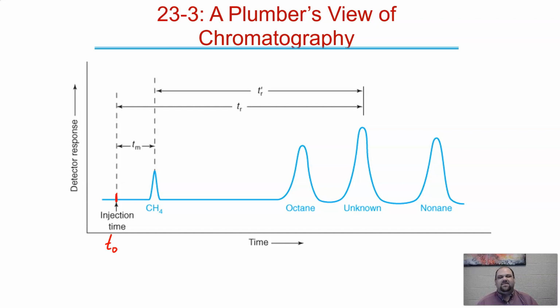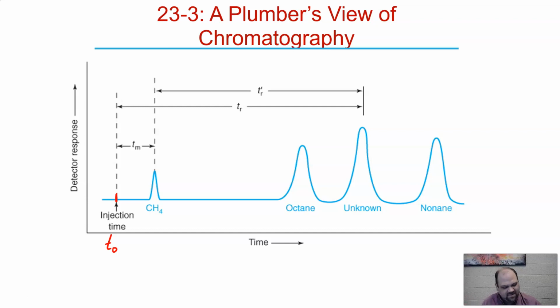For any separation, for anything that runs on a column, it's going to take some time for even just the mobile phase to make it through the column. Not to mention anything that you're actually trying to separate that might interact with the stationary phase, but just the mobile phase is going to take some time to make it all the way through the column.